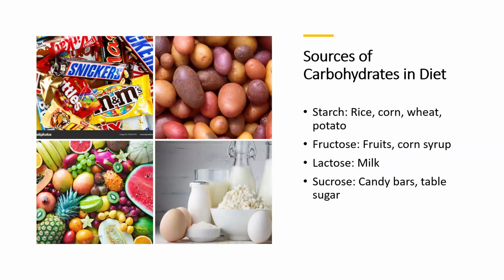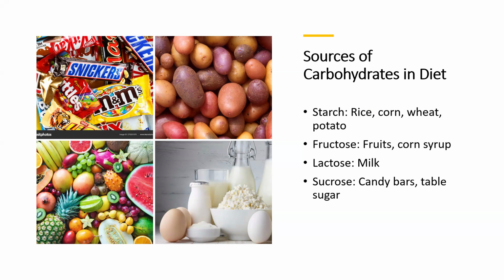Sources of carbohydrates. There is no shortage of carbohydrates in most people's diet. We can get it from starch. Some people mentioned potato already. Rice is rich in starch. Corn, wheat, pasta, cassava, yam, what have you. All these are very starchy things, and they are rich in carbohydrates.